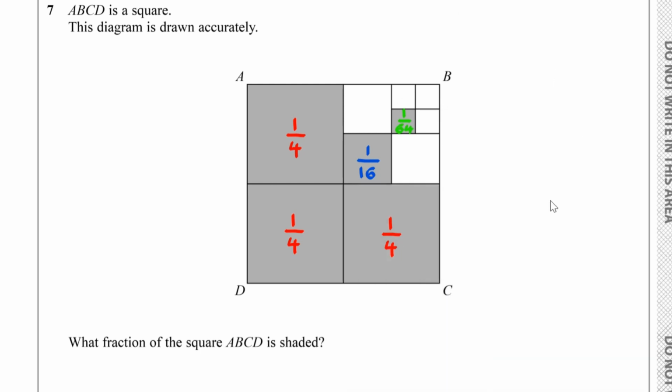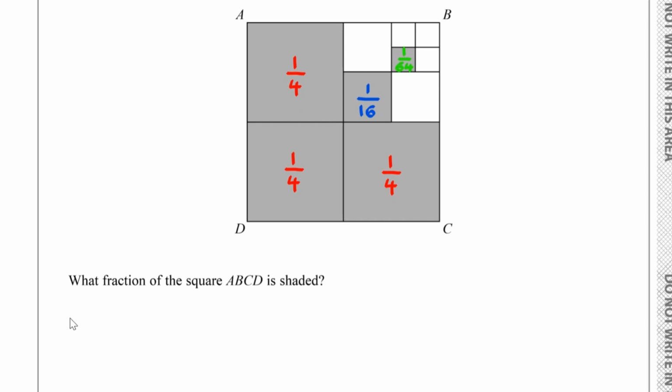And so therefore, the fraction of the entire square that's shaded, well, what we have is 1/4 plus another 1/4 plus another 1/4, and then we add on 1/16, and then we add on 1/64.